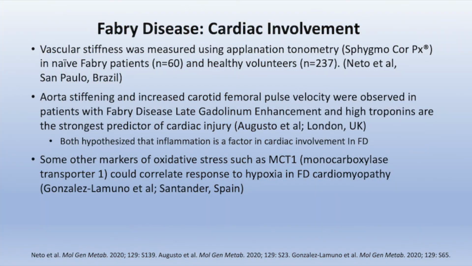They suggested using an MRI with late gadolinium enhancement to assess the fibrosis in Fabry disease, and also checking the cardiac biochemical markers, which include high sensitivity troponins, maybe the most accurate and the strongest way to predict the cardiac injury in Fabry disease.